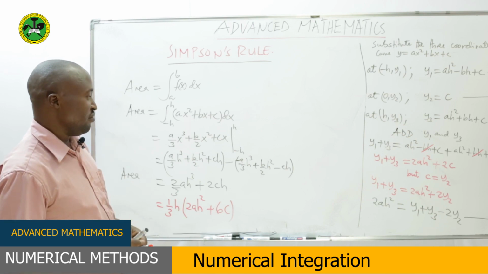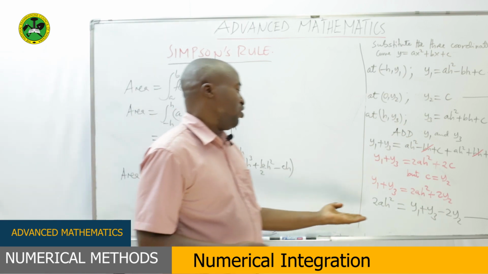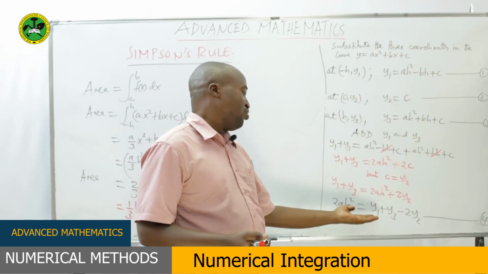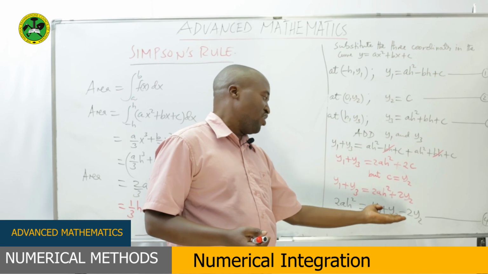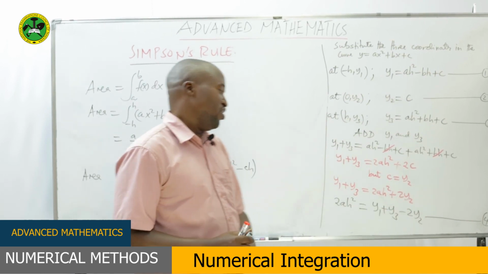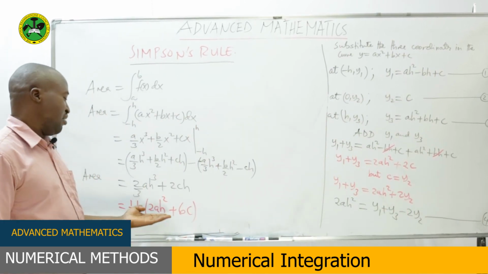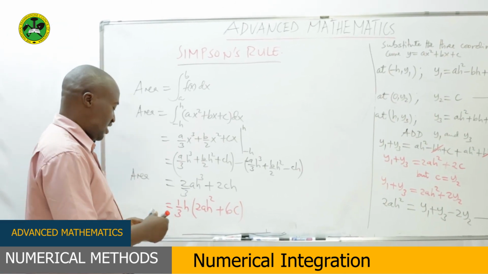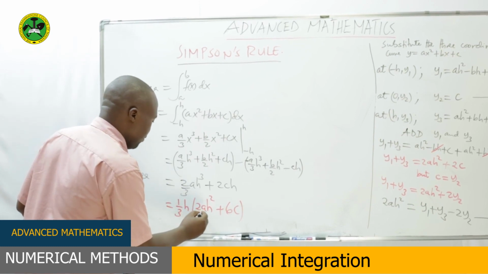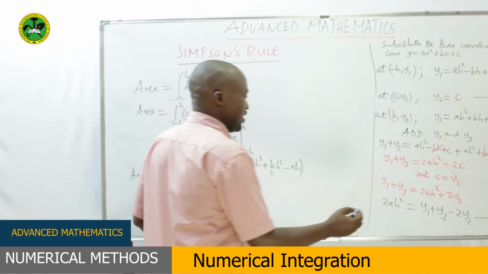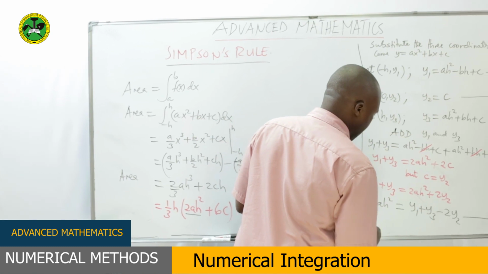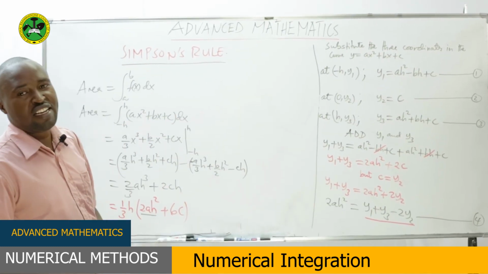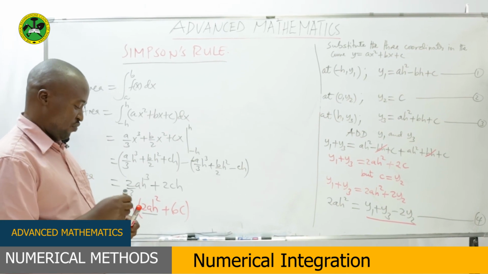But remember, here we have another equation, that is 2ah squared is equal to y1 plus y3 minus 2y2. So in this case, we can substitute the value of 2ah squared, instead of writing this one, it is going to be replaced by y1 plus y3 minus 2y2.